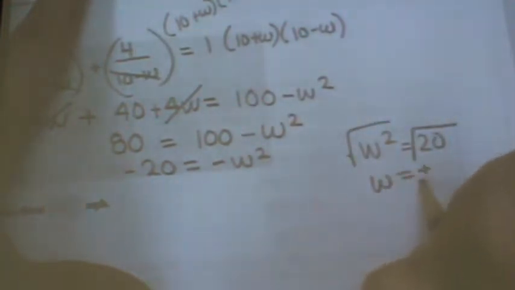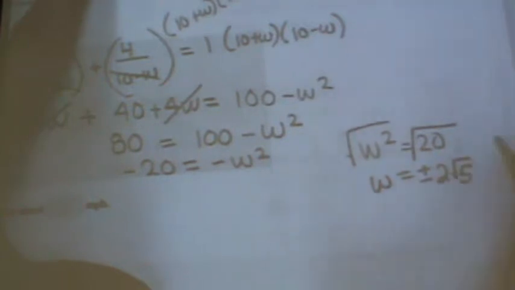Now, you could say plus or minus 2 root 5. But when I want to know the speed of the wind, I would convert this to a decimal. Square root of 20 is approximately 4.5. So how fast was the wind? About 4.5 miles per hour.